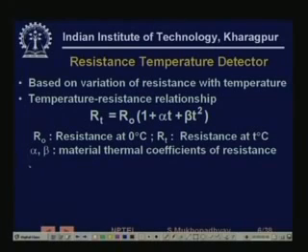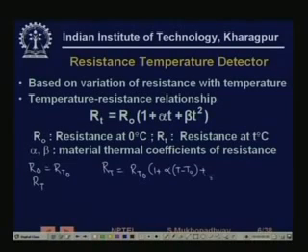But in general you could write the resistance at T0 as RT0, and then you will have the formula RT is equal to RT0 into 1 plus alpha into (T minus T0) plus beta into (T minus T0) squared.